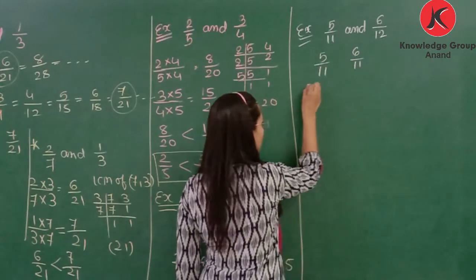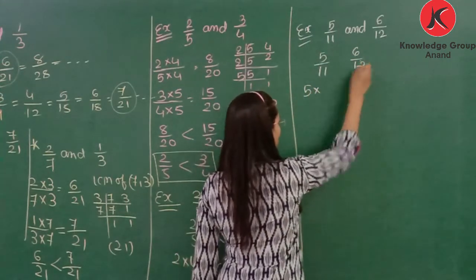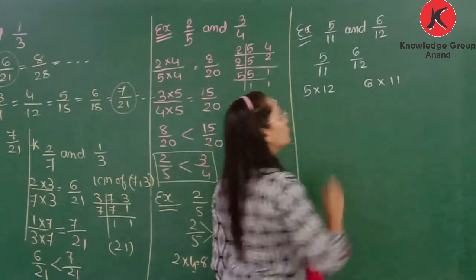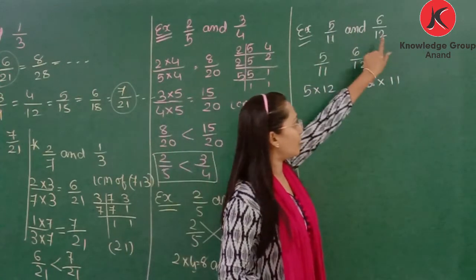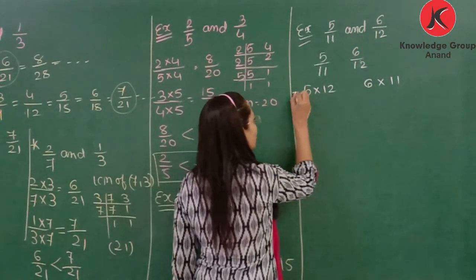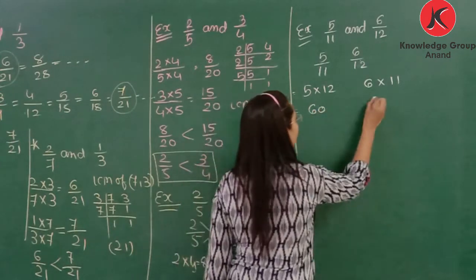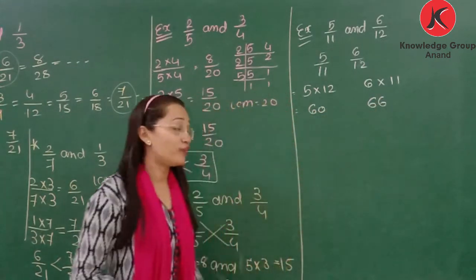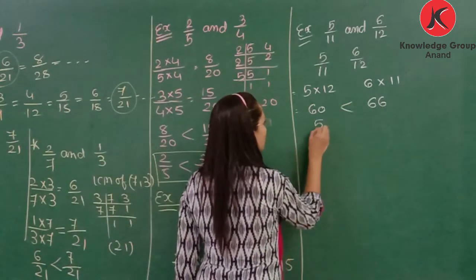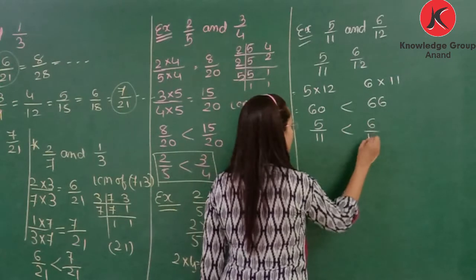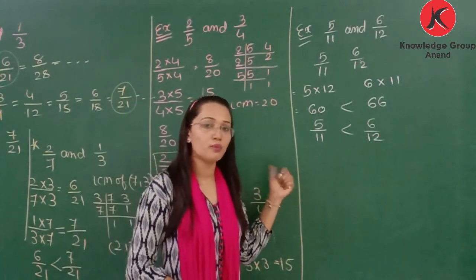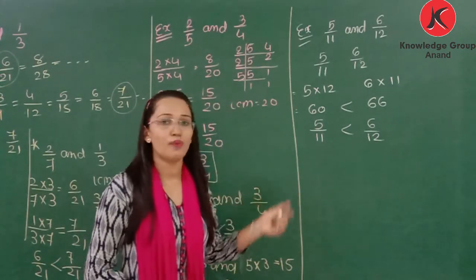Now here 5 is multiplied with 12 and 11 is multiplied with 6. So here it is 60 and here it is 66. So which one is greater? 66 is greater. So 5 by 11 is less than 6 by 12. Now it is easier than the previous one, but you need to learn all these methods of comparison.